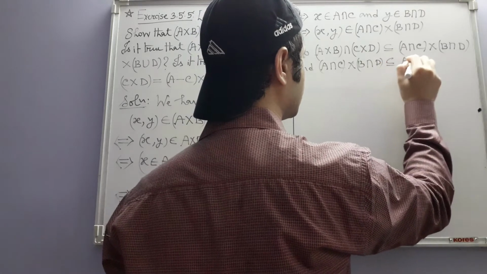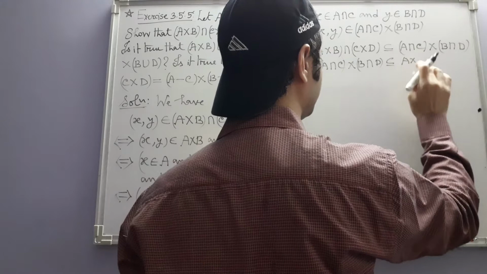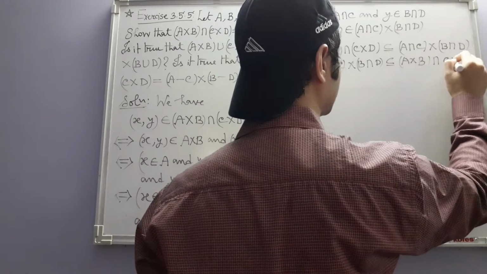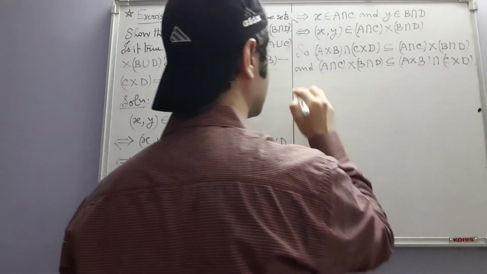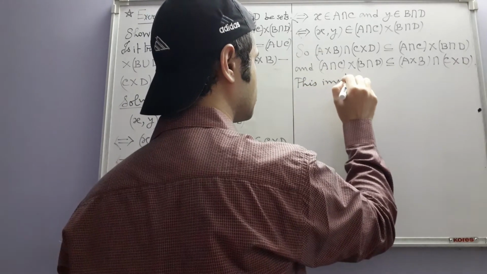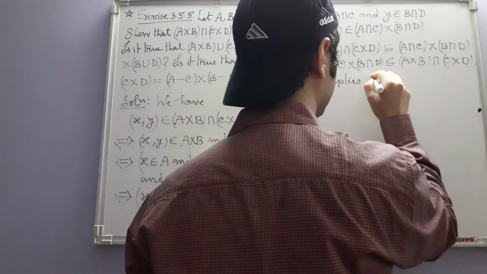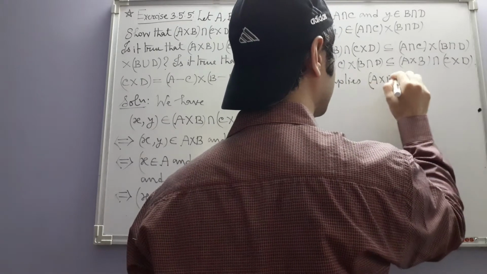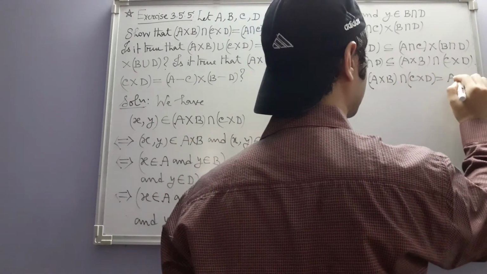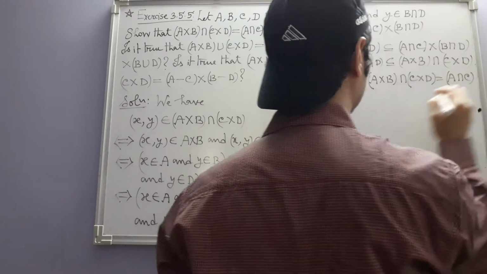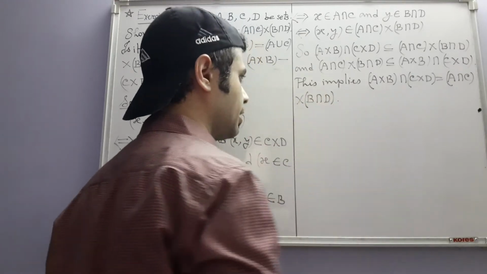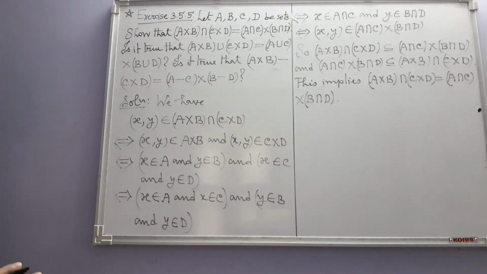A intersection C cross B intersection D is a subset of A cross B intersection C cross D. This implies that they are equal, and the proof of the first identity is over.